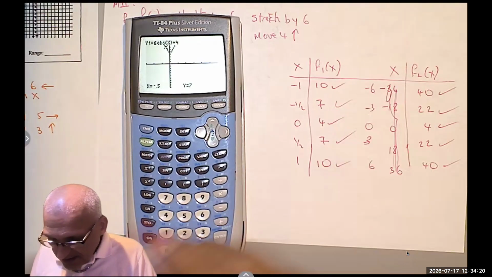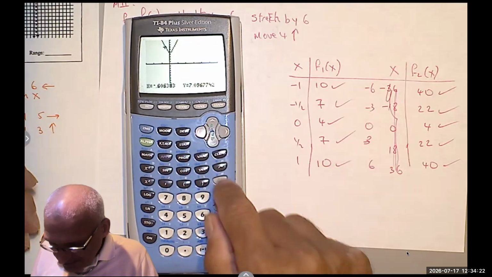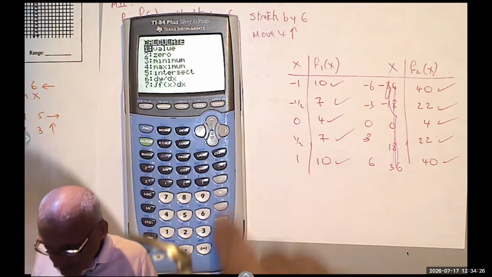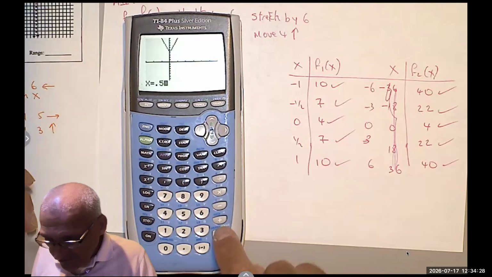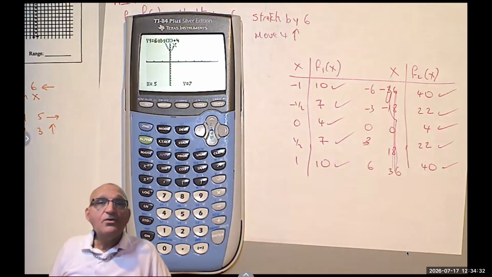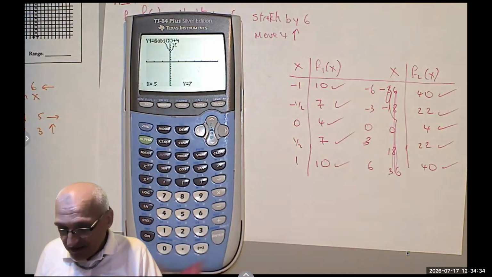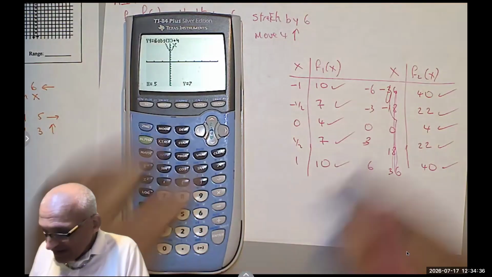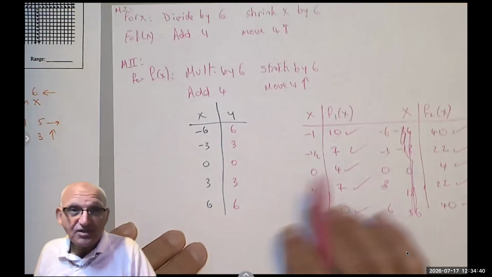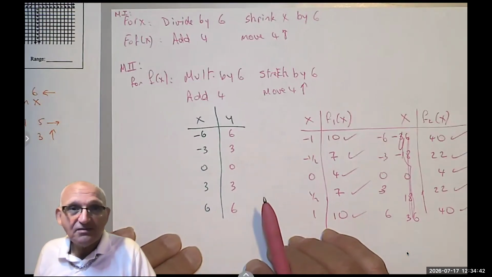And then 0.5, and you also get 7. So you see, we got everything as the table, and we had two ways to think about it. Sometimes you get that.